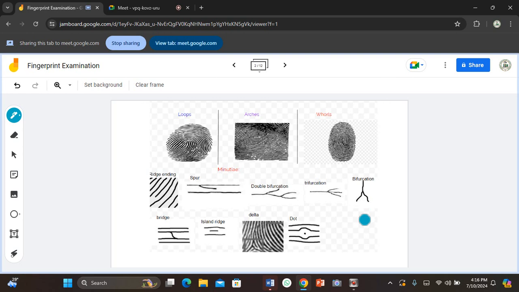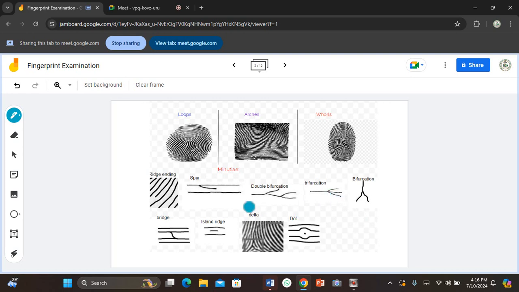But at times you may have double bifurcation on the same line. Maybe here you have it split into two, and this one is going, and you have it also split into two. In that case, we call it double bifurcation. Okay, this is trifurcation.